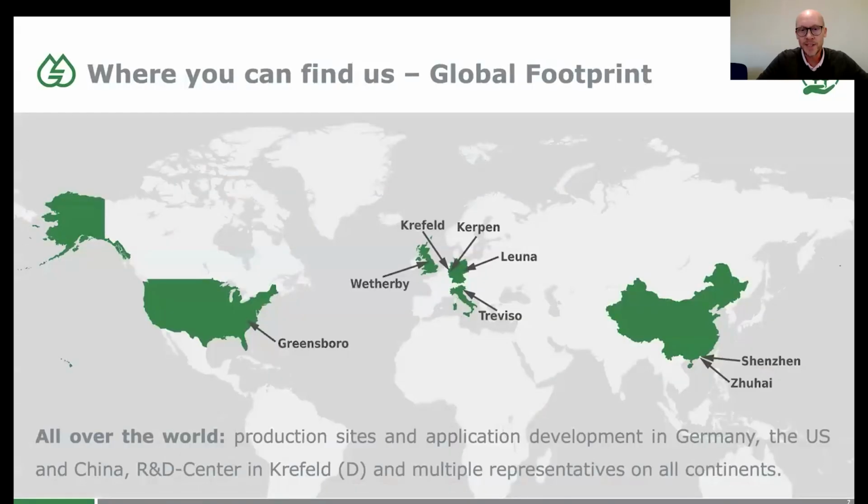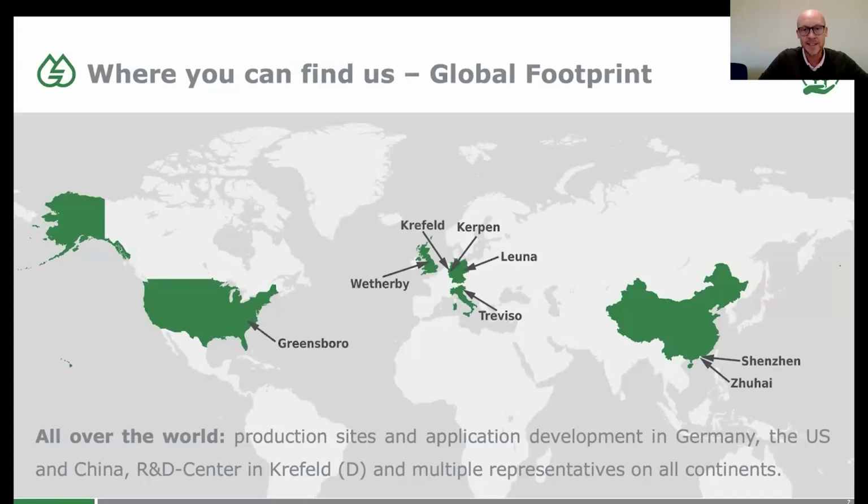So in terms of our global footprint, we're headquartered in a town called Krefeld. The nearest city is Düsseldorf. We have our R&D center in Krefeld, and we have 3 production plants in Germany, one in Krefeld, one in Kerpen, and one in Leuna. We also have 2 further production facilities, one in the USA and one in China.